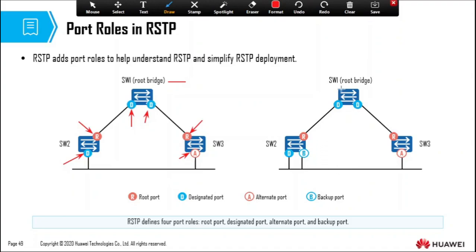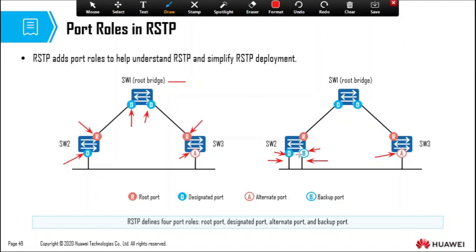So alternate is still alternate. Here, in case we have two links connected to this bus, we've blocked this one. So we need to choose between these two, one to be designated and one to be backup.